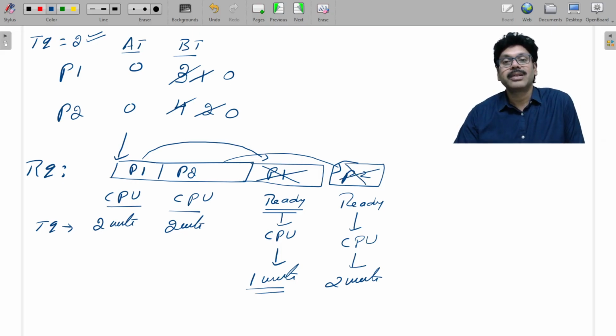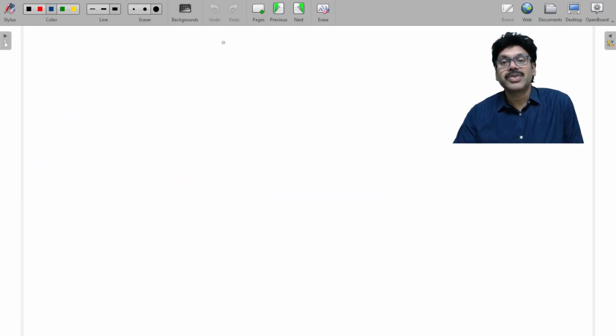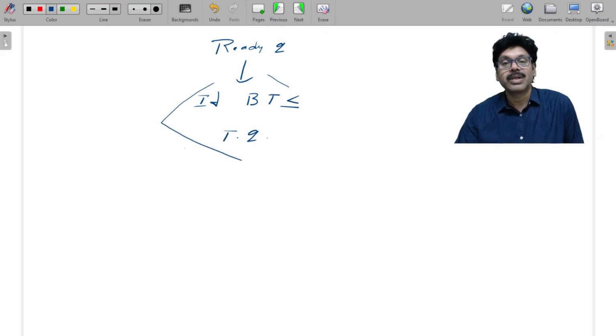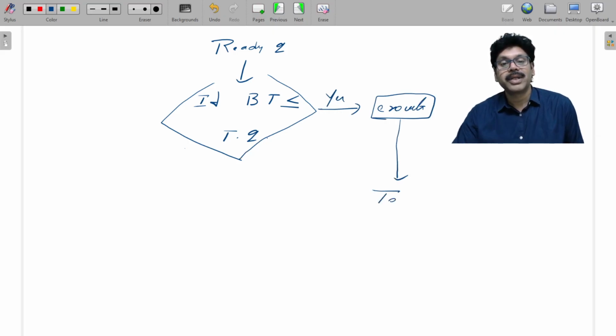So what is the flow here? The flow is: initially all the processes are in the ready queue and a process executes up to the time quantum. We need to check if the burst time is less than or equal to the time quantum. If yes, execute it, then it comes to the terminated state, because the process is completed.